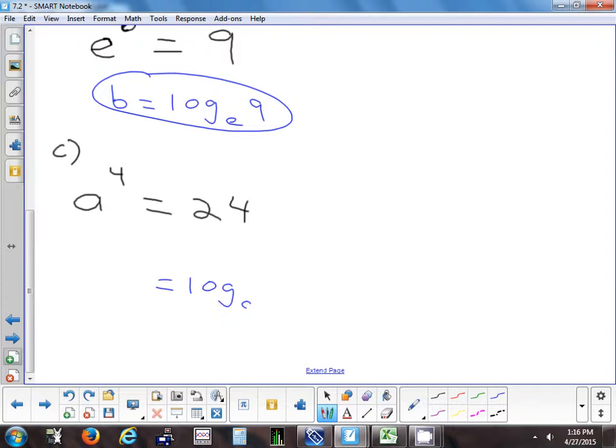Base is A. Cecily, what's going to go by itself here? 4. Right. Logarithm always equals the exponent. What's the exponent? 4. Okay, last thing I have to fill in, Alec, is what? Yep, 24. Do you remember what this is called? The thing you're plugging into the log? The argument. Good.